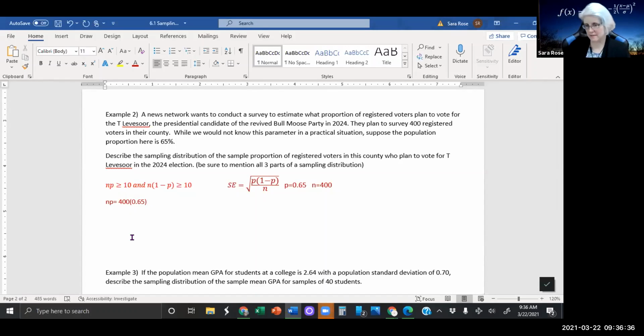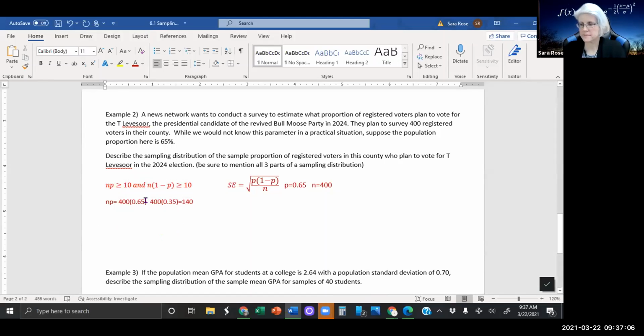Okay, great, thanks. Okay, and then we need to calculate N, which is 400, times 1 minus P, which would be 0.35. And what is that? 140, confirmation. All right, thank you. Okay, so it checks out.